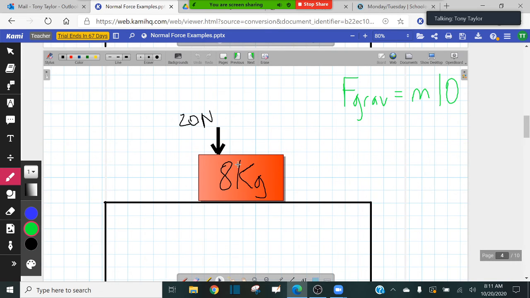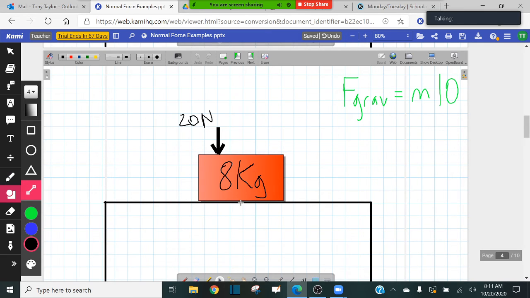If a red block has a 20 Newton force pushing down on it, what are the other two forces here? There's gravity. Let me draw my gravitational force here.